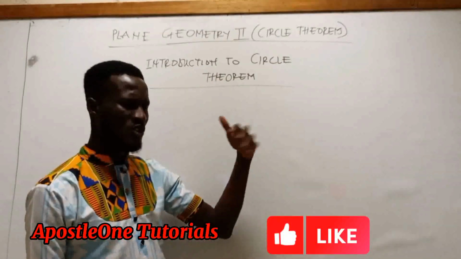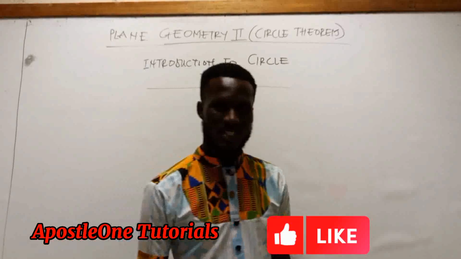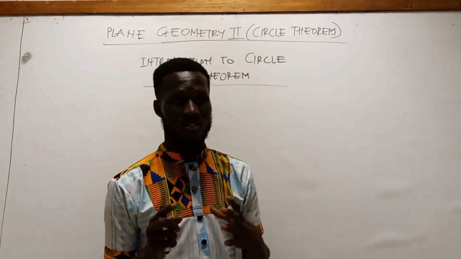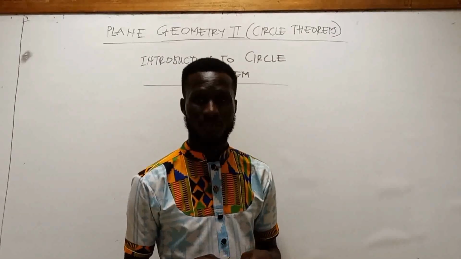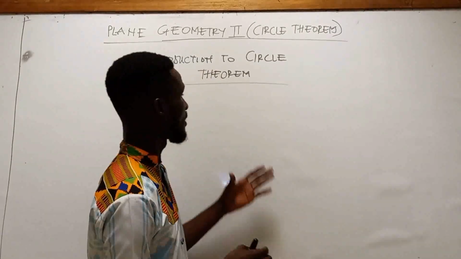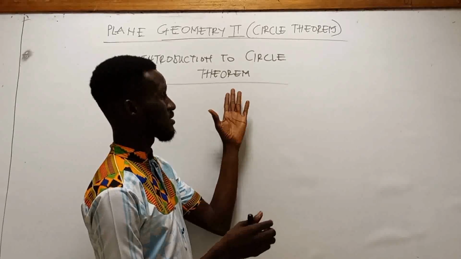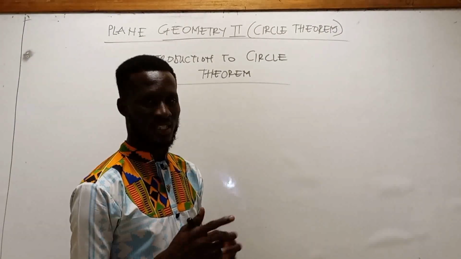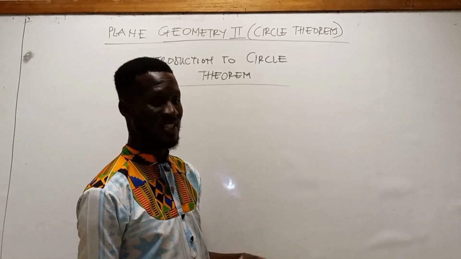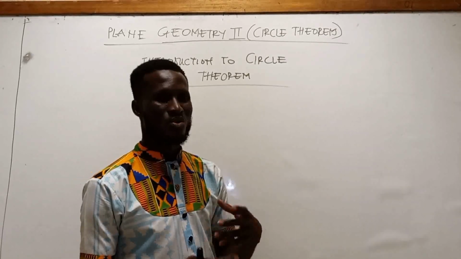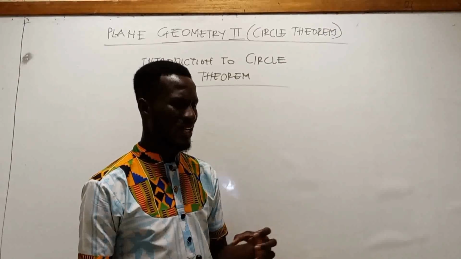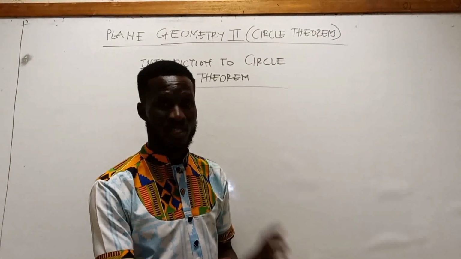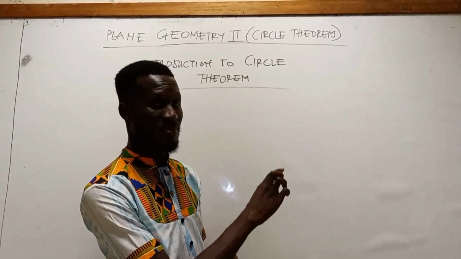Now, circle theorem. You've been hearing about theorems. What is a theorem? In mathematics, a theorem is a statement or proposition which has been accepted to be true. Before it can be accepted, mathematicians have to sit down and use deduction, logical reasoning, and other established mathematical principles to prove that the statement is true.